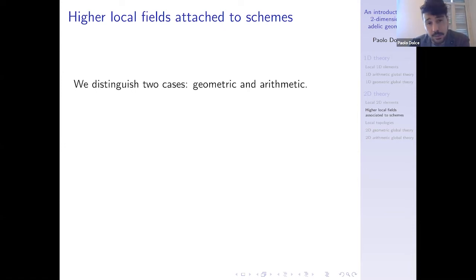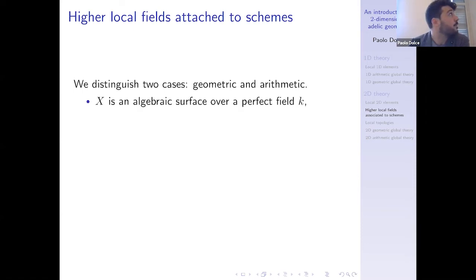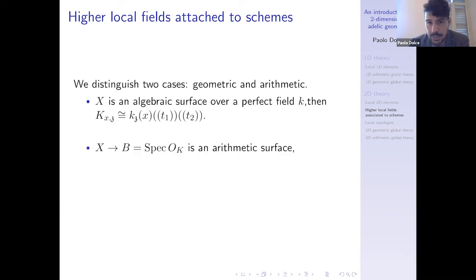Now we distinguish the two cases when we have algebraic surfaces or arithmetic surfaces. So in the first case, remember the base field has to be perfect. You have Laurent power series. The second case, we have an arithmetic surface, which is a two-dimensional scheme over the spectrum of integers of a number field, and the morphism is flat.